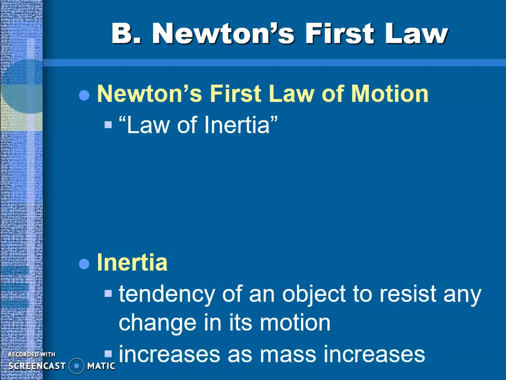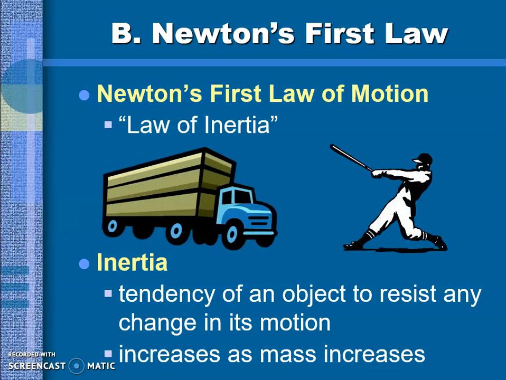Your inertia increases as mass increases. So heavier objects are harder to start moving than light objects. Inertia and mass go hand in hand. So think about this baseball player and this truck. Out of the two of them, which has greater inertia?